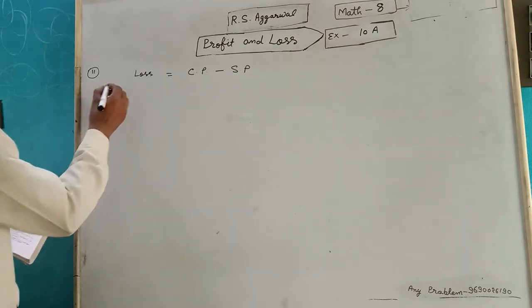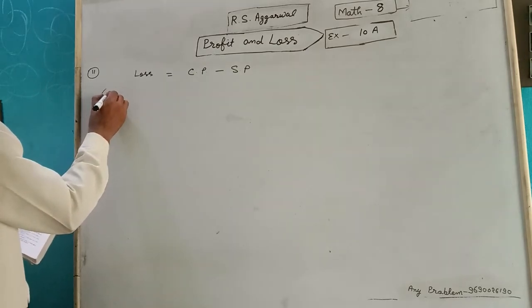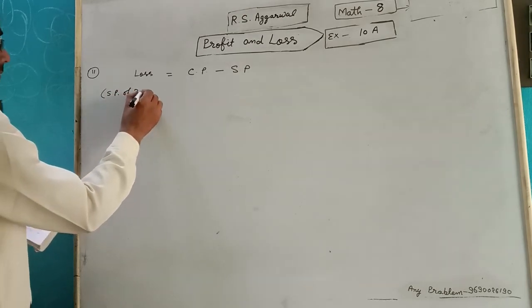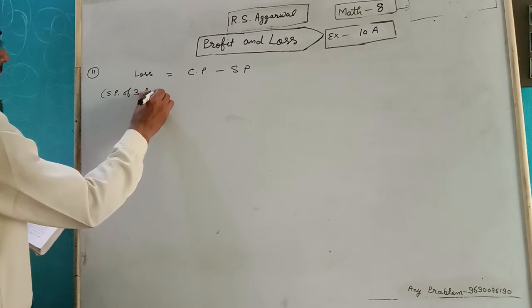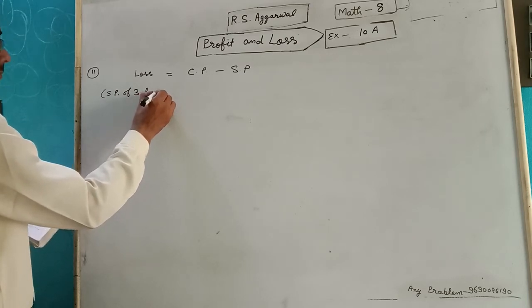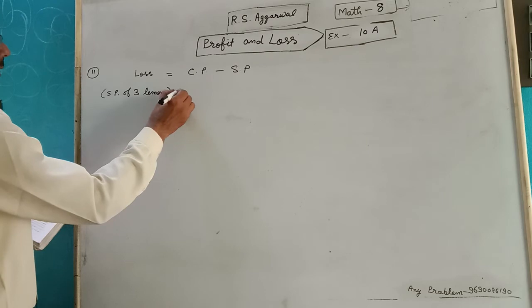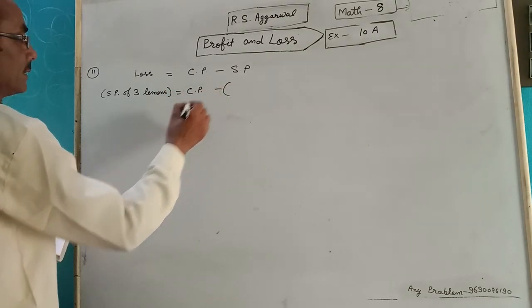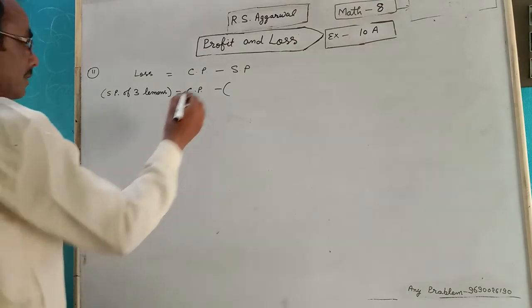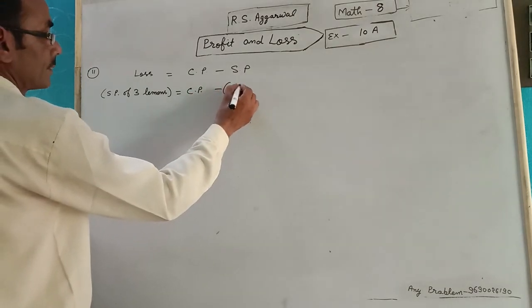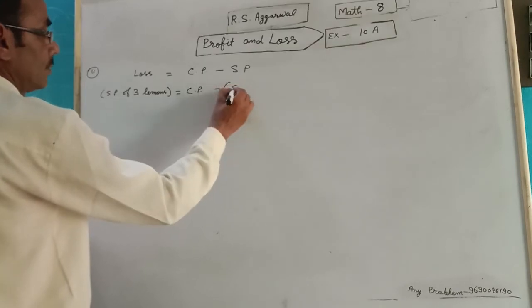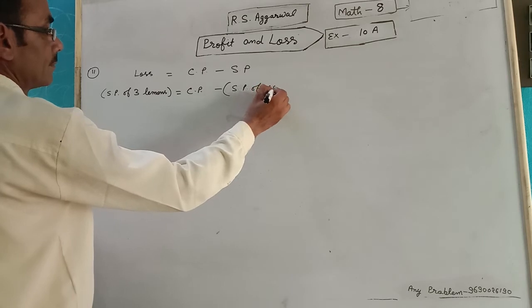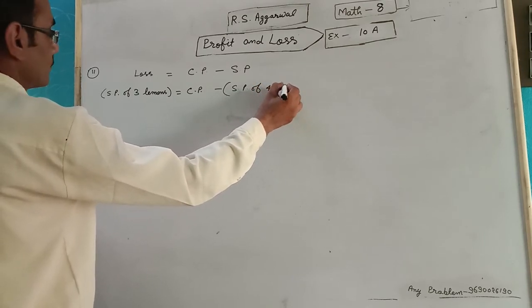Loss is equal to SP of 3 lemons, which is equal to CP minus SP of 45 lemons.